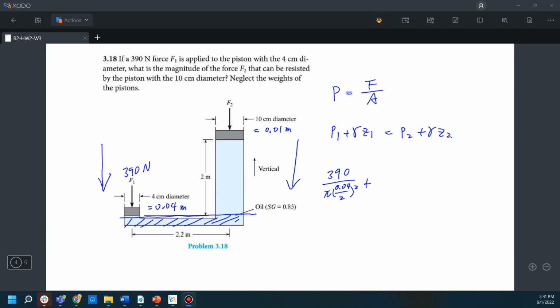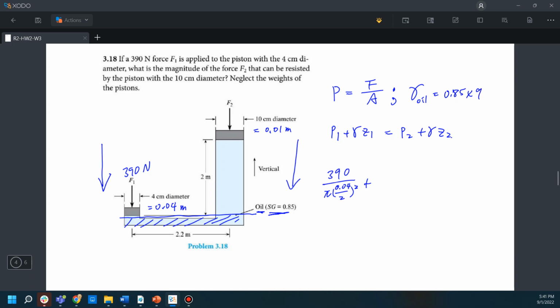gamma, and the gamma here, because this is oil and it's already given the specific gravity, so the gamma oil, the specific weight of the oil, is equal to the specific gravity 0.85 times the specific weight of water.